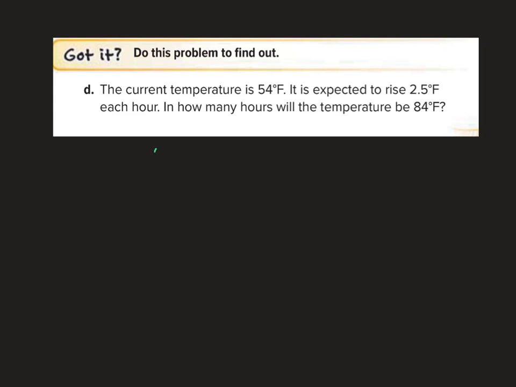Okay, now I'd like you to try this one on your own and come back and check your answer. So this equation reads, the current temperature is 54 degrees Fahrenheit. It's expected to rise 2.5 Fahrenheit each hour. In how many hours will the temperature be 84 degrees Fahrenheit?